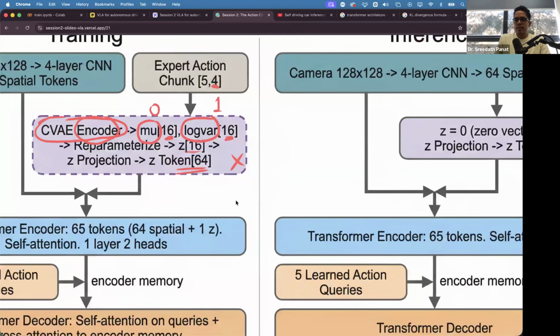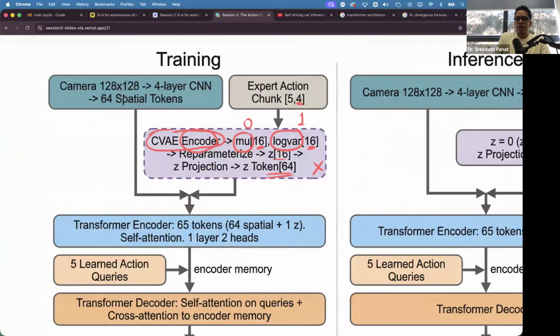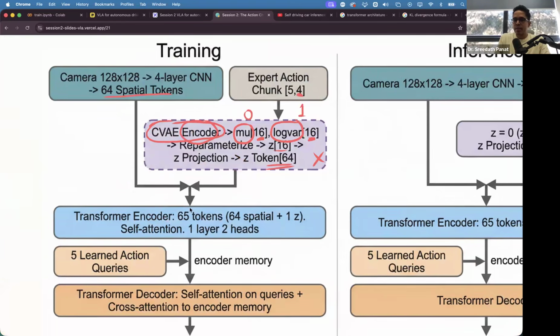Earlier we had 64 spatial tokens which were passed into the transformer encoder, right? But this time, instead of 64 tokens, we will have 65 tokens. 64 corresponding to spatial tokens and 1 token corresponding to this latent space projected into 64 dimensions.